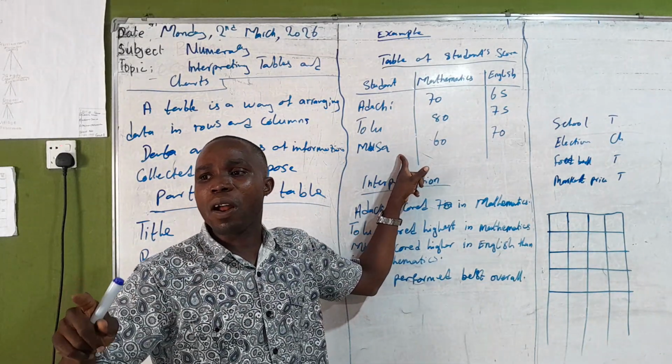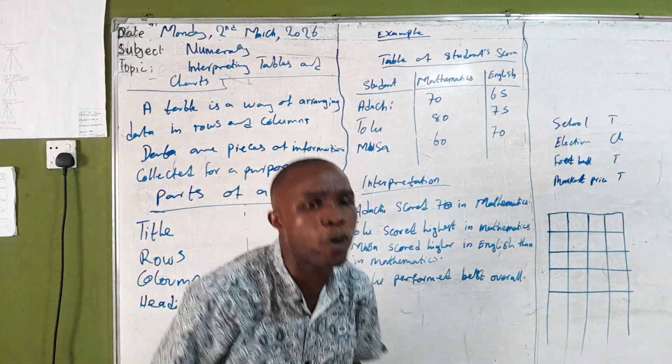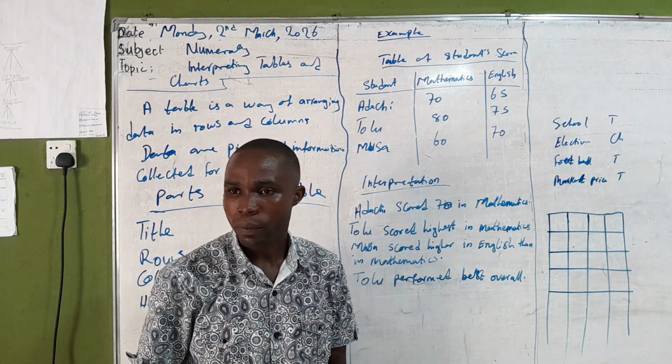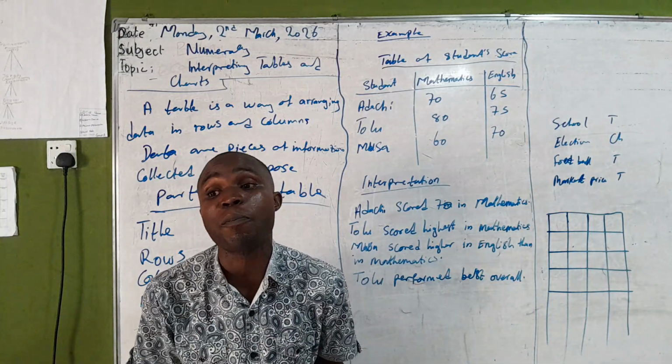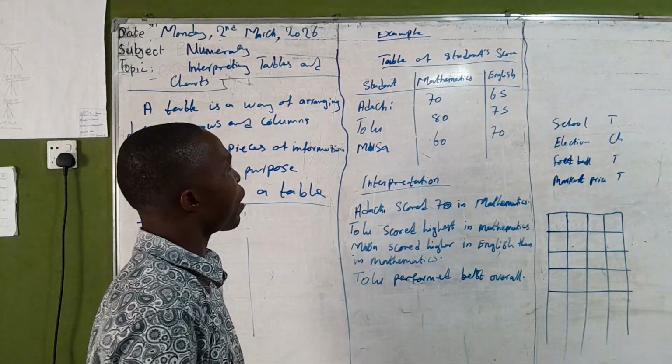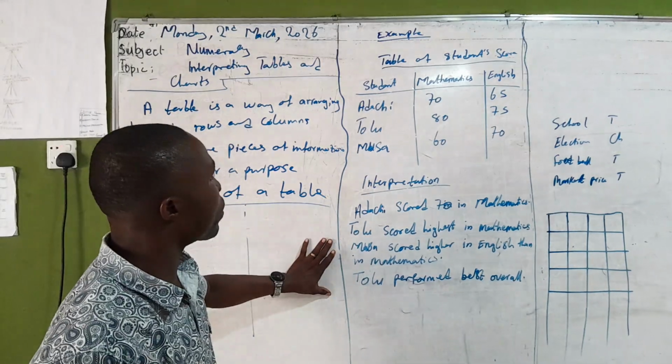Now, let us come down to the interpretation of the table. How do we interpret tables? You are given a particular table and you have to interpret it.